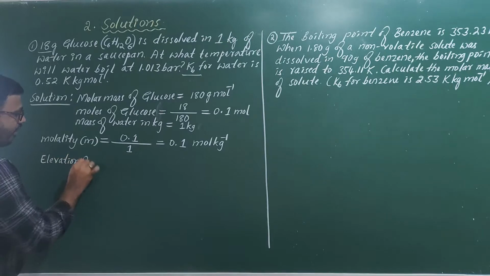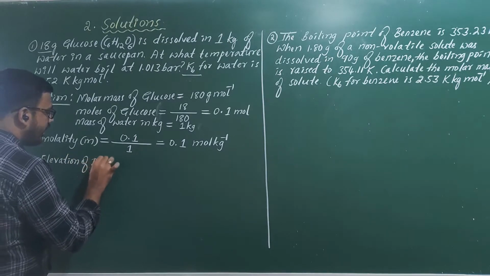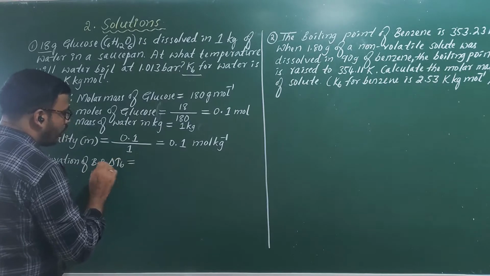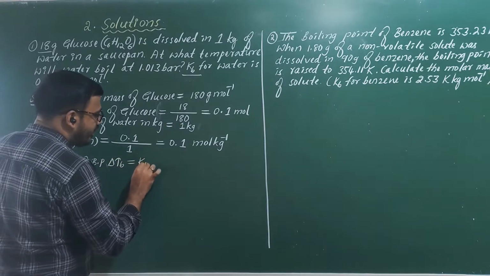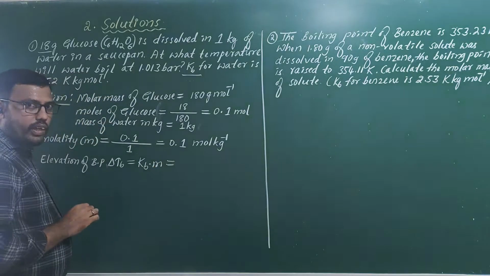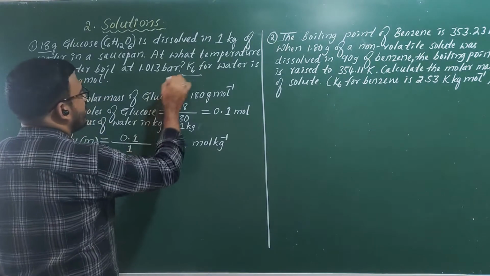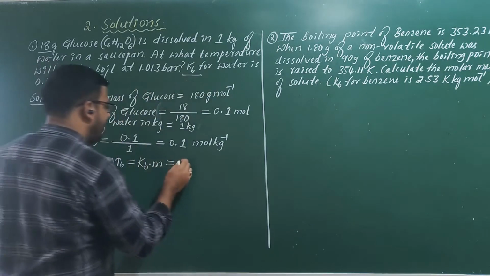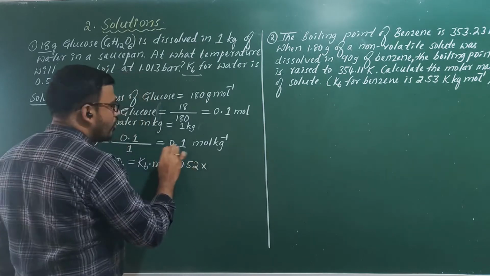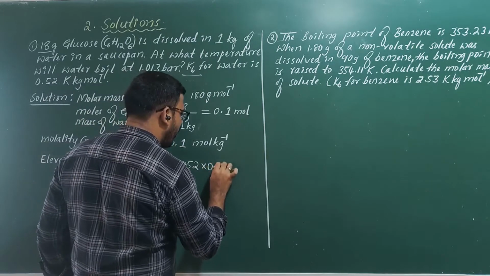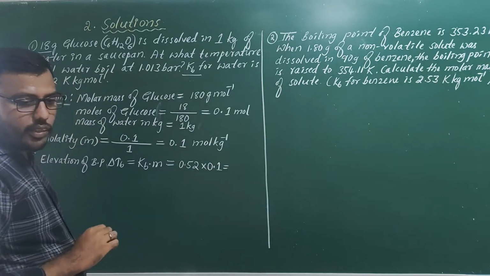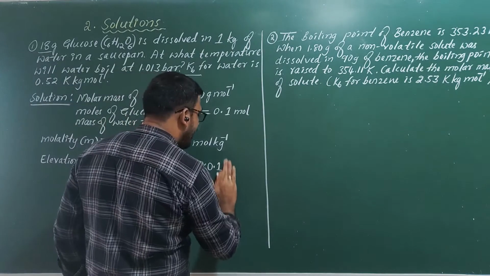Elevation of boiling point, that is delta TB, is equal to Kb into small m. The Kb value is already given, you see here. Kb for water is 0.52. So 0.52 into 0.1. Molality is 0.1. So that gives rise to 0.052.